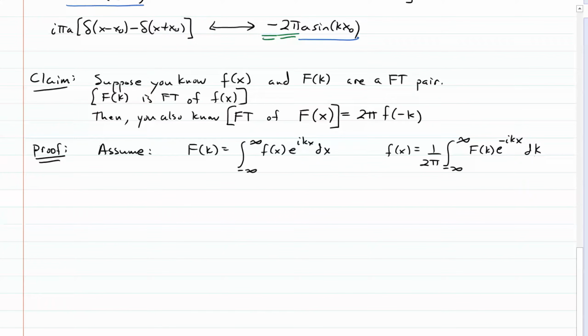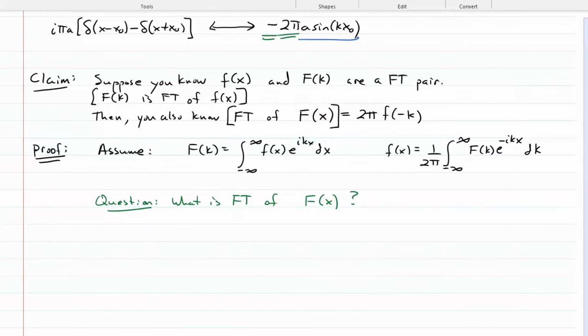So we know that those two are a pair. Now my question is, what is the Fourier transform of this function F of x? It has the same functional form as F of k, but the argument is x.